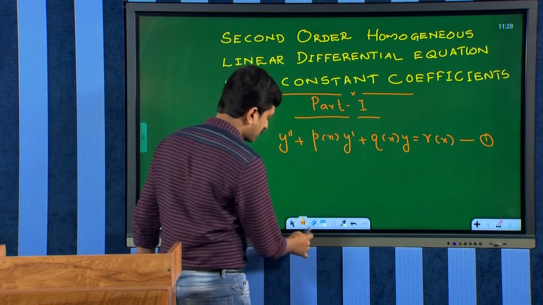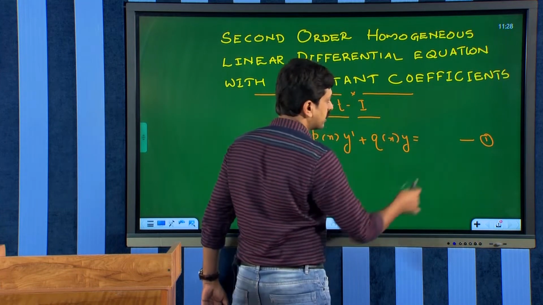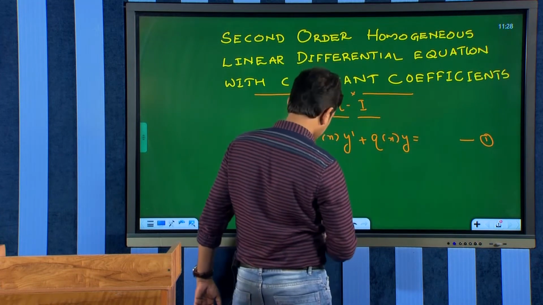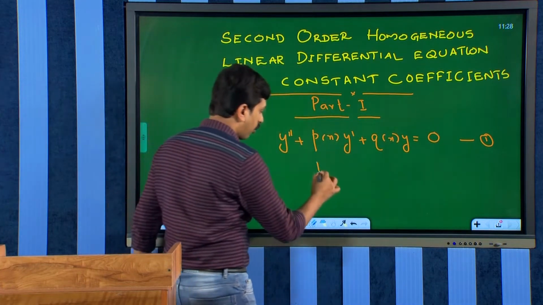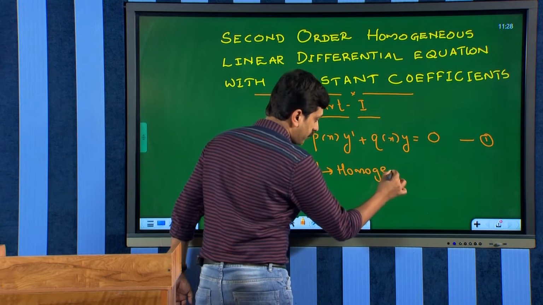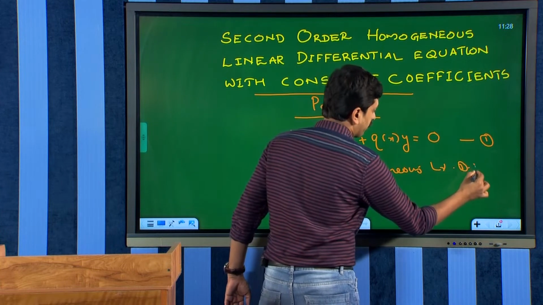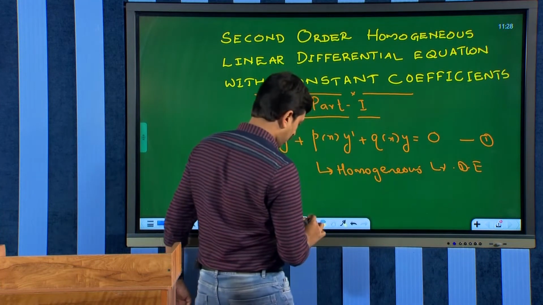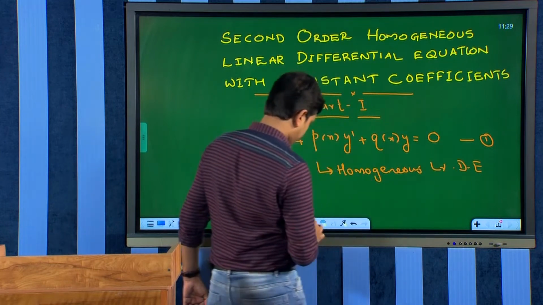If this r of x is equal to 0, then we say that this differential equation is a homogeneous linear second order differential equation.